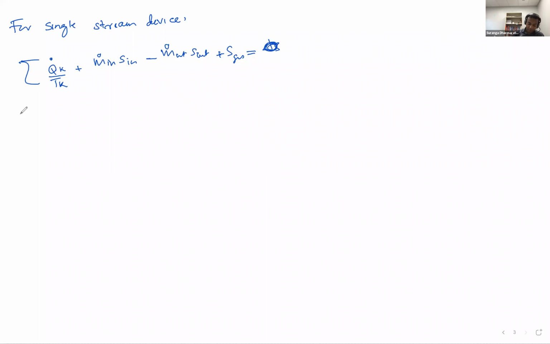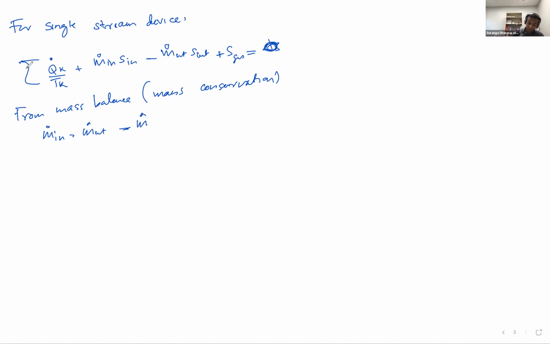Now we can say from mass balance, or mass conservation, in the steady state case, m dot in is equal to m dot out, which is equal to m dot.